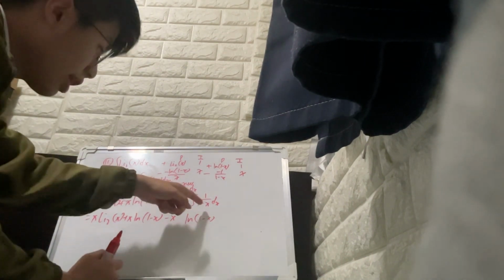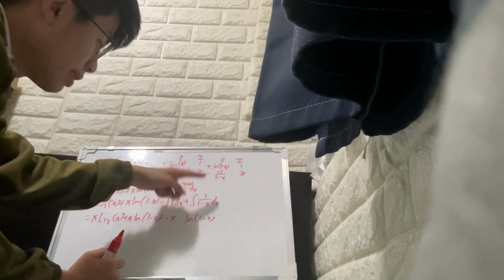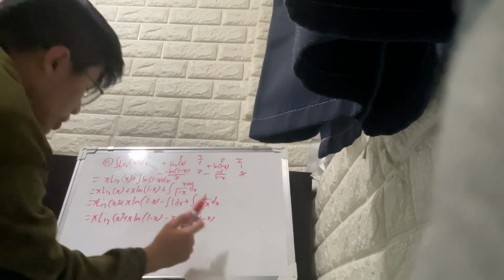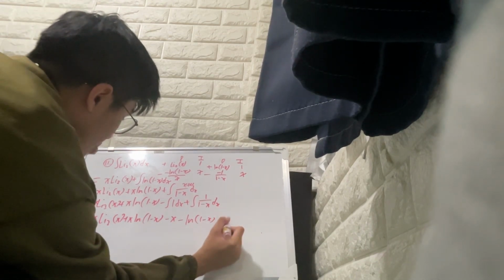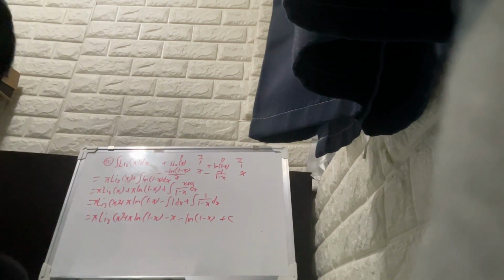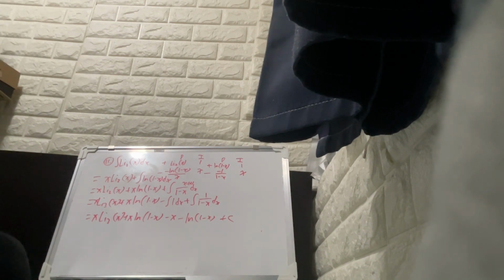And then don't forget about the chain rule. You're going to get negative 1, so we're going to get a negative here. And don't forget about the plus c. And we are done. Yes, that's our answer.